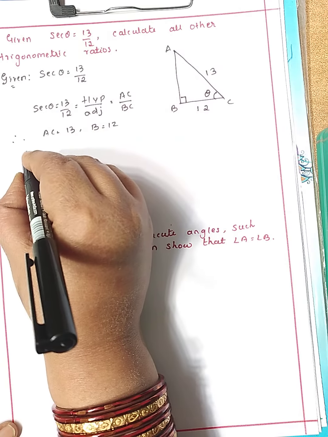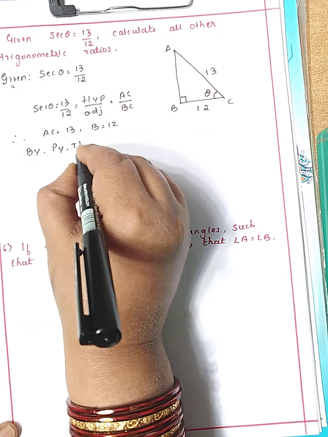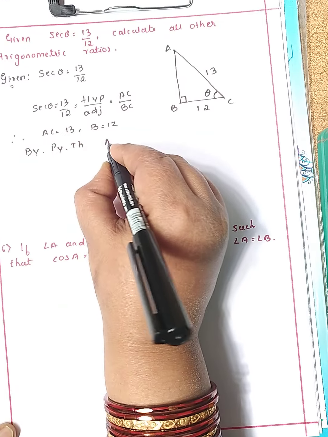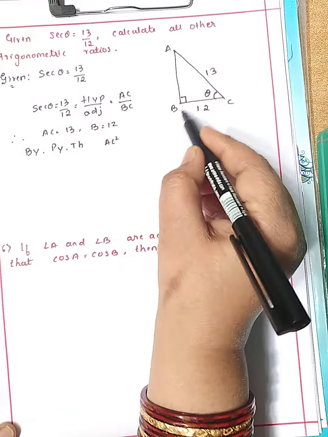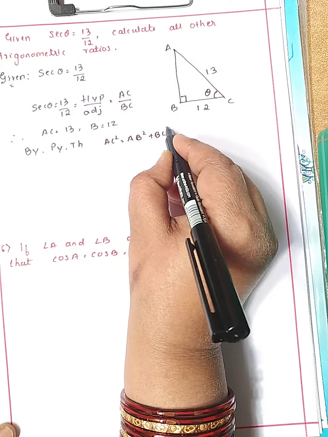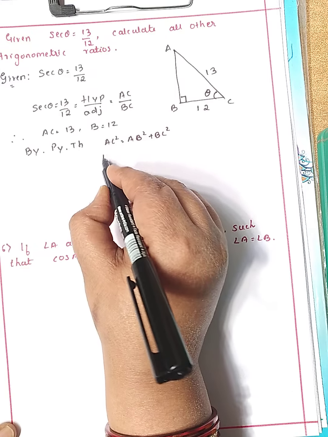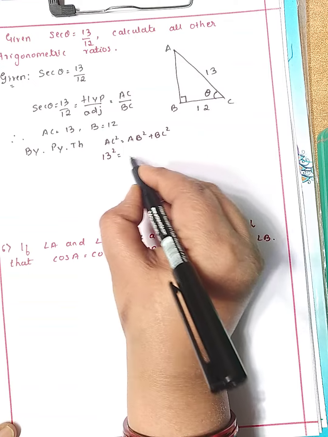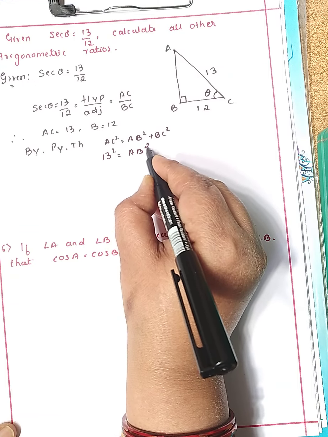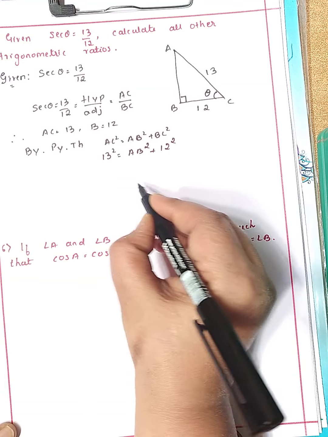Now again by Pythagoras theorem, AC square equals AB square plus BC square. AC is 13 square, AB you have to find out, plus BC is 12 square.